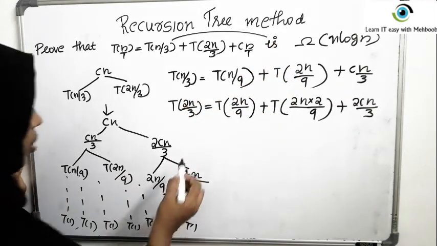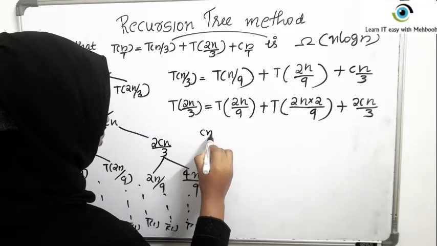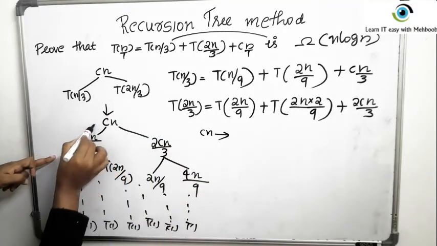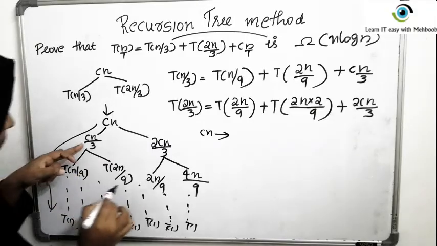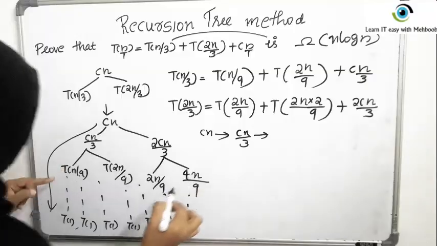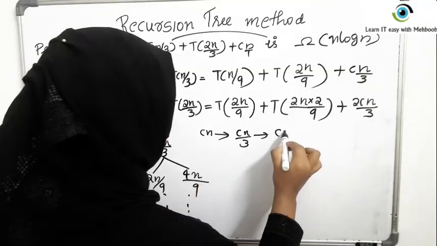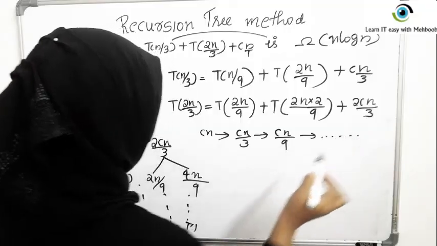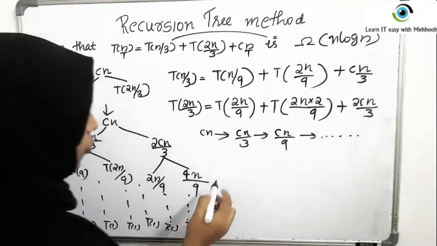So to get the best case complexity, since the question is interested only in best case complexity, we will consider the leftmost branch alone. So Cn was it initially, and when taking the leftmost path like this, it became Cn by 3 and it will become Cn by 9 and it goes on like that, isn't it? You are taking only the leftmost branch.